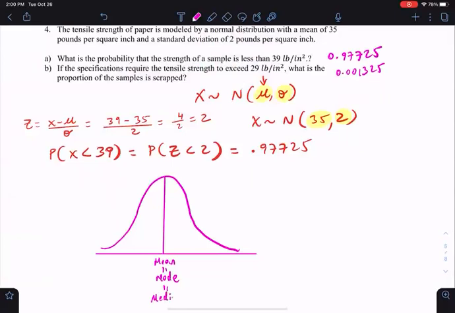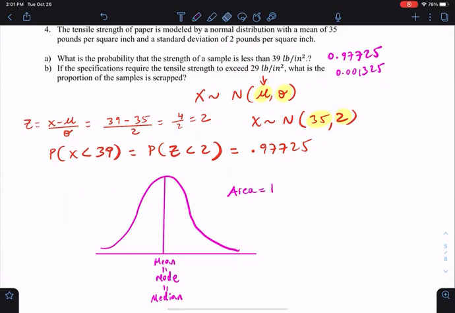What else? It's symmetric, so the area to the left of the mean equals the area to the right of the mean. And remember the area is 1, so the area is 0.5 here and 0.5 here. The area is always equal to 1 or 100%, right?